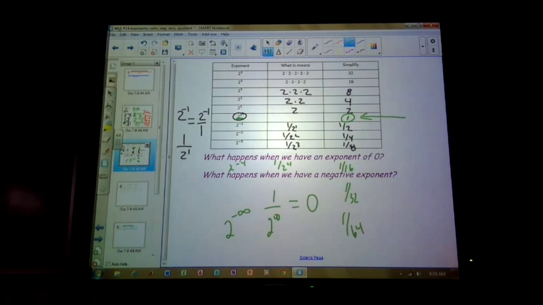Garvey, 20 to the 0 power. Kieran, m to the 0. George, 6 to the 0.